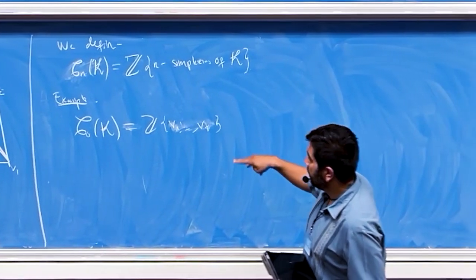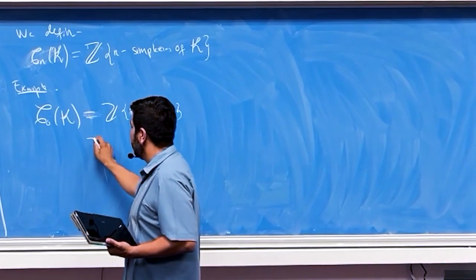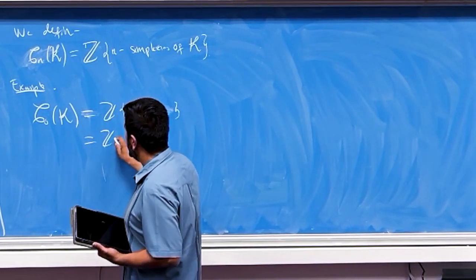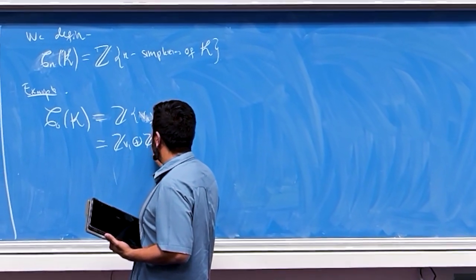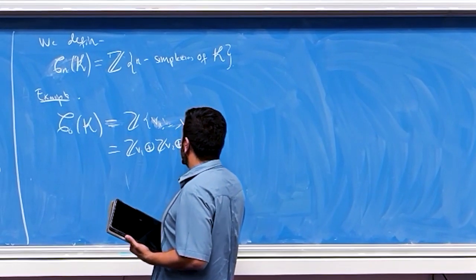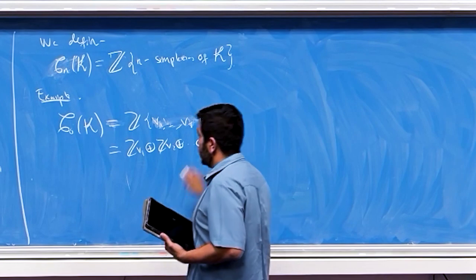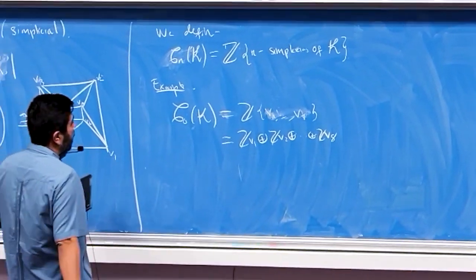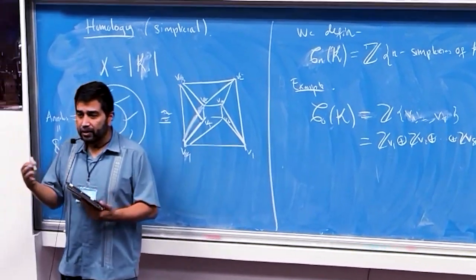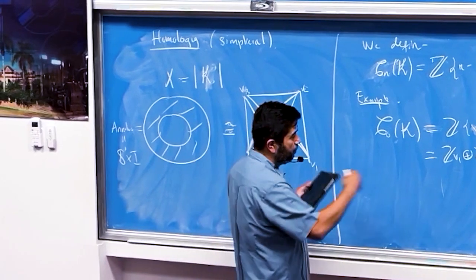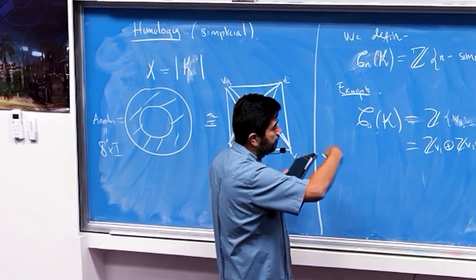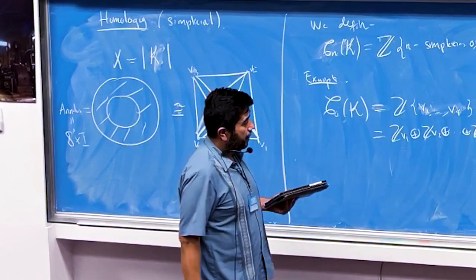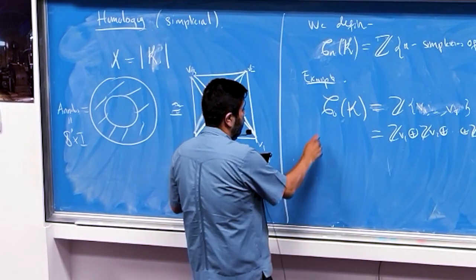So generated by the 8 vertices, which you can see like you have C1 multiplied by V1 plus C2 multiplied by V2, and so on, up to C8 multiplied by V8. So the elements of this thing are just formal sums. So it's a formal sum of vertices multiplied by integers.